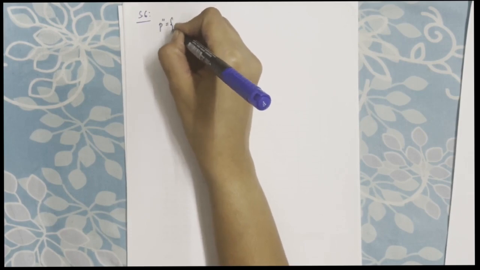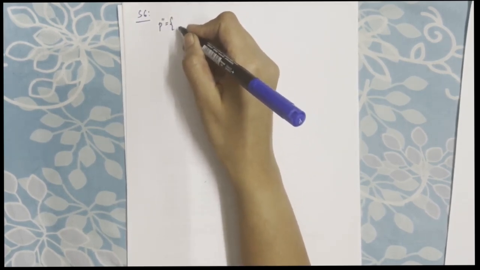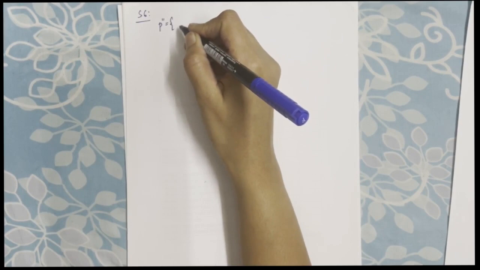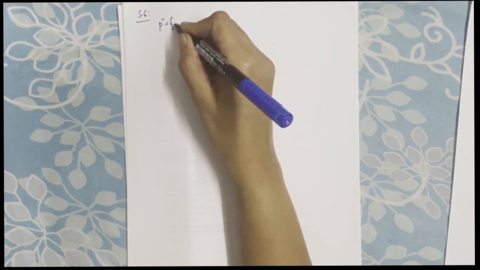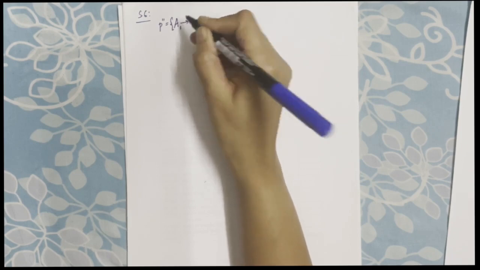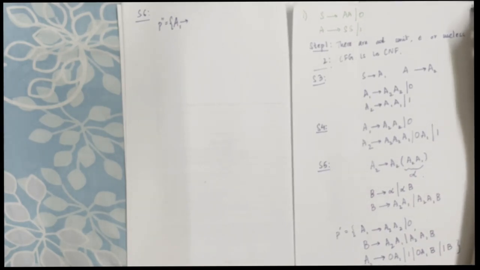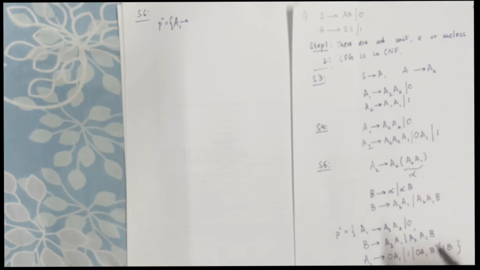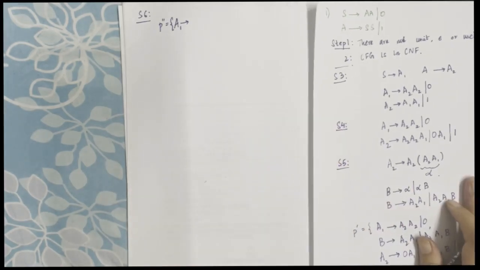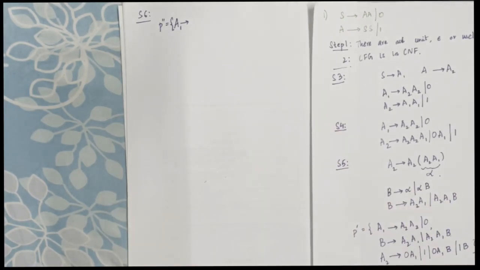P double dash is equal to, I get, GNF is of the form: I should have a terminal followed by any number of non-terminals. So what I will do here is, for this A2, I will substitute these values for A2. So let us see what do I get here for A1. I should now substitute 4 values for A2.